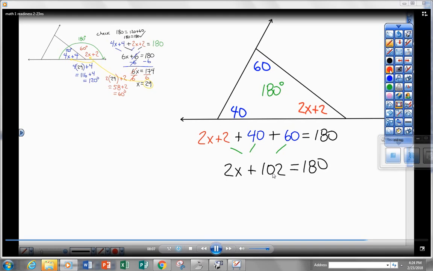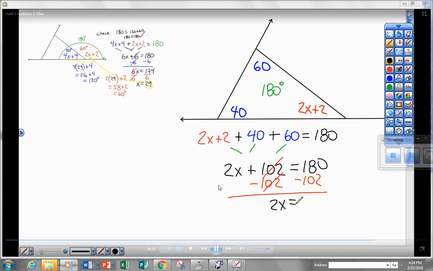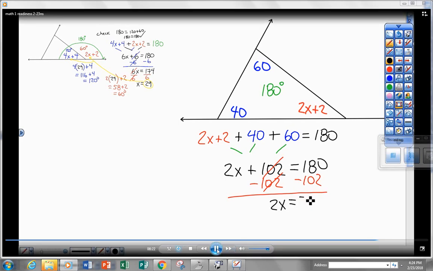And then that's a regular two-step equation where I take away 102 on both sides. And that gives me 2x equals 180 minus 102. So this one gives me 2x equals 78.